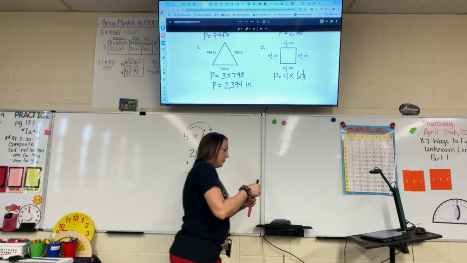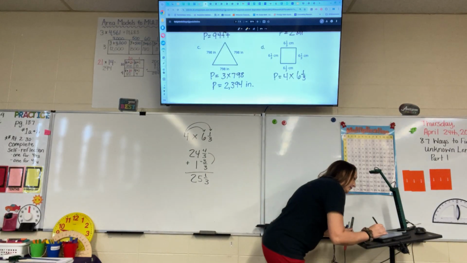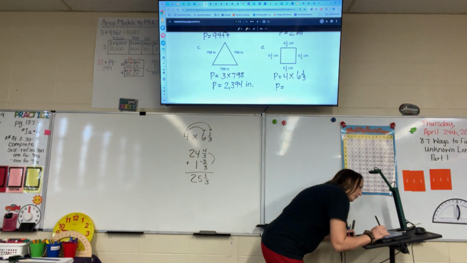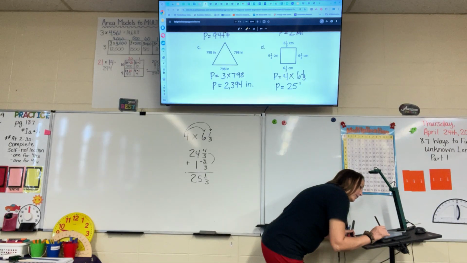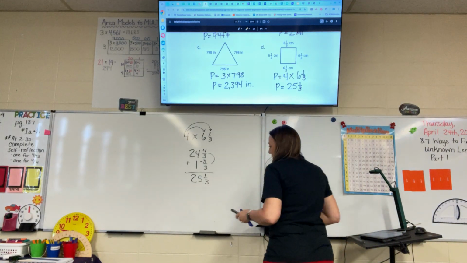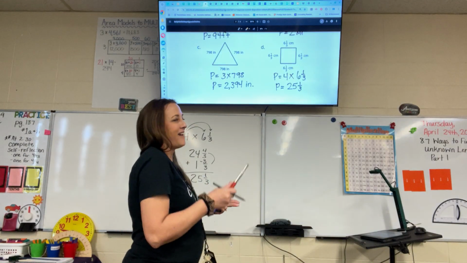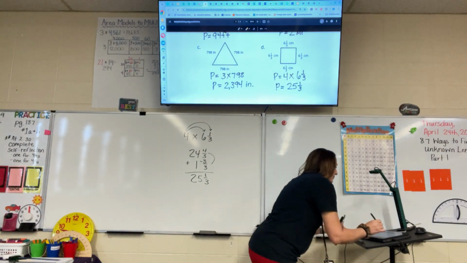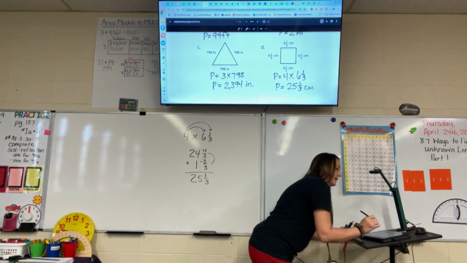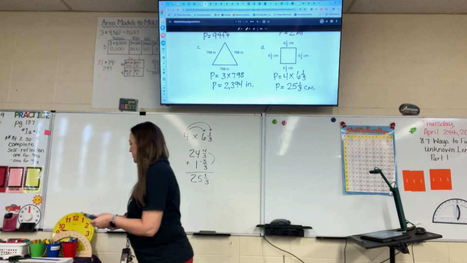So the perimeter of this figure is 25 and 1/3. Yeah, give yourself a point, Colton. That's great. I almost forgot the label. Centimeters. Okay.